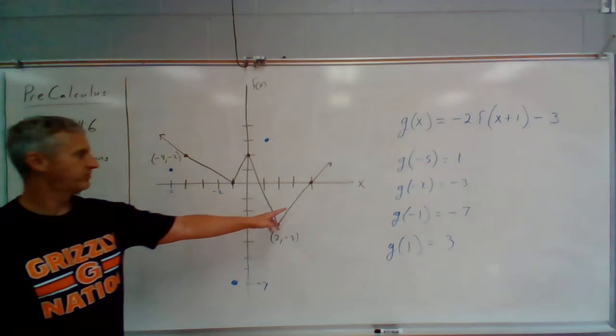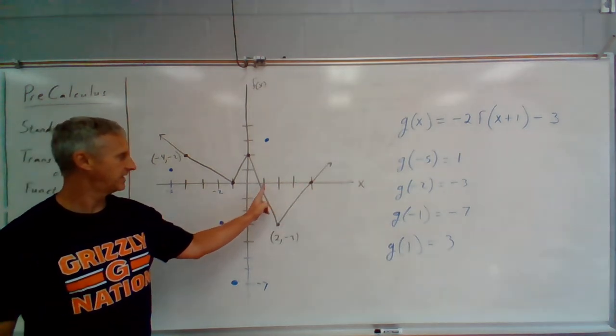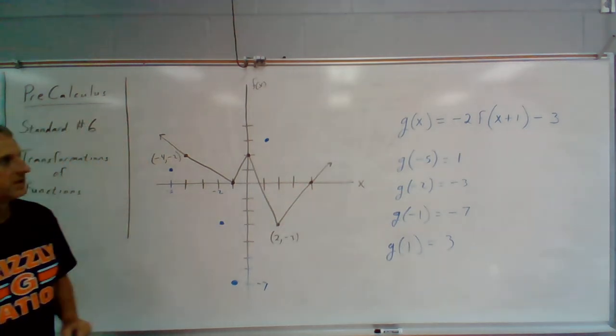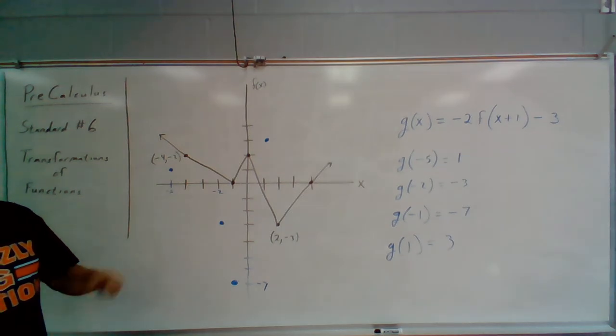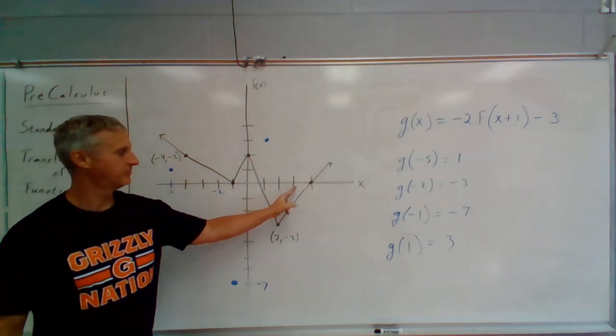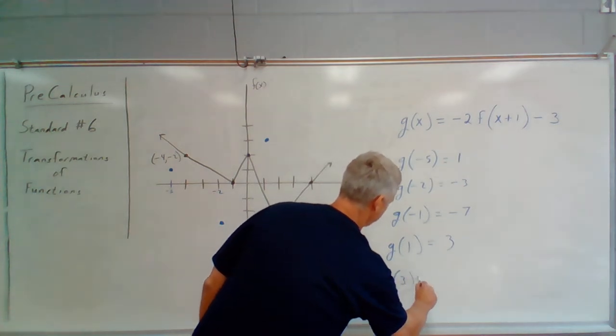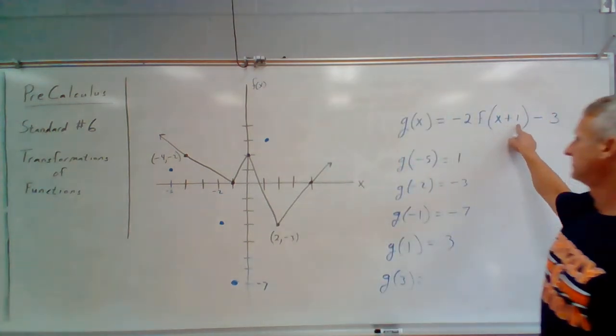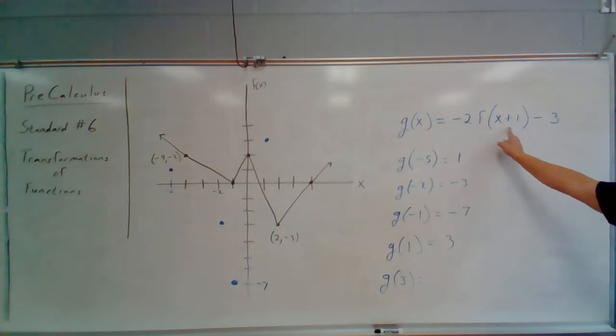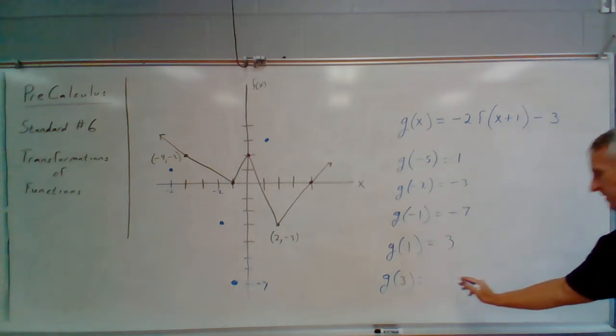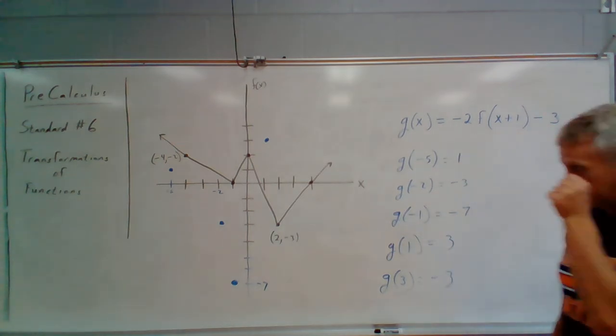All right, and the last point that I can do, the x is 4. I know that point's going to get shifted left 1, so I can plug in a 3. G of 3. 3 plus 1 is 4. F of 4 is 0. 0 times -2 is 0. And I get -3.